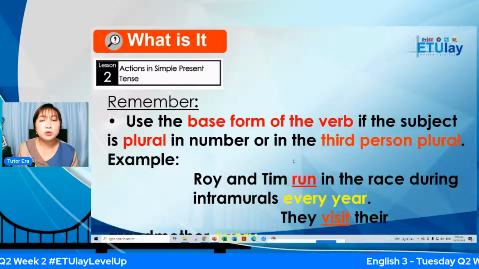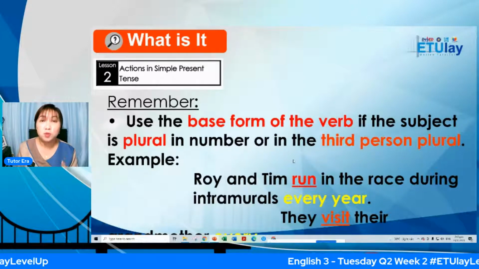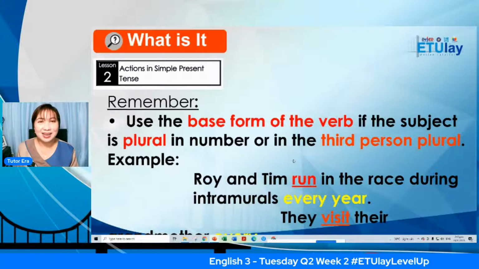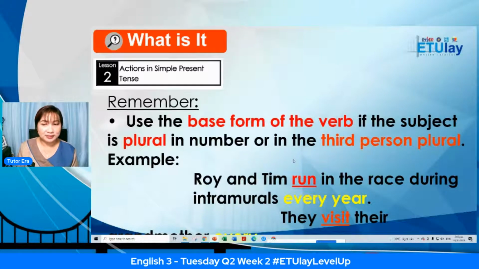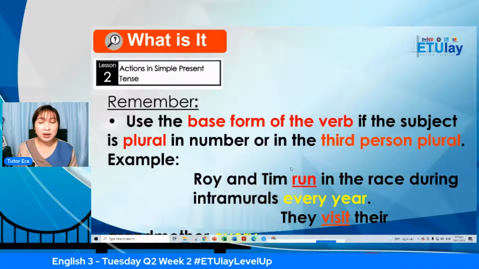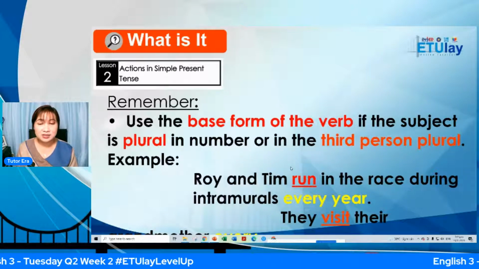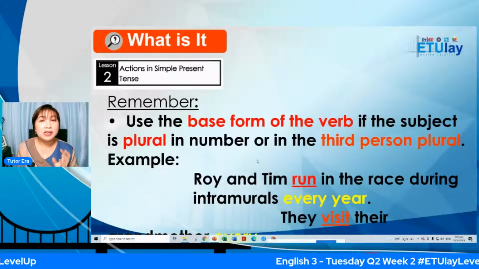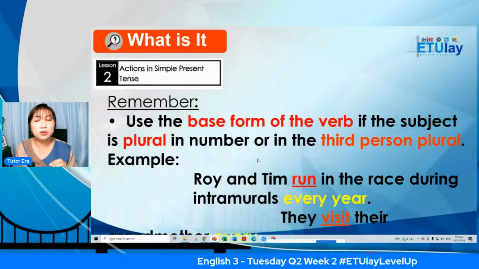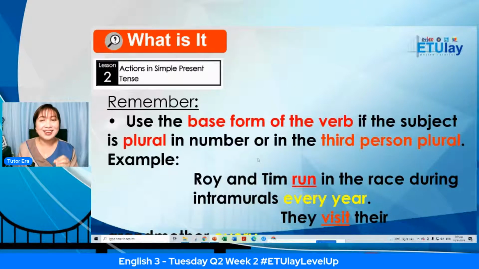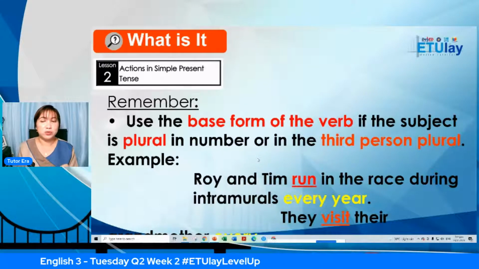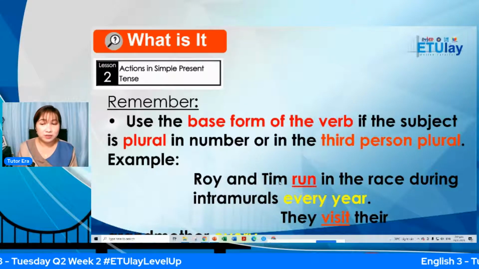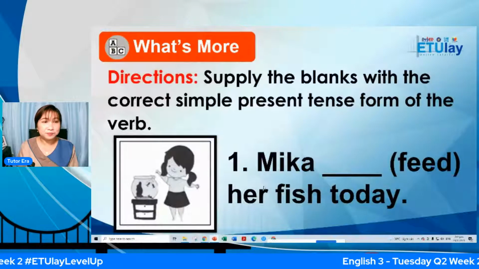So we used the base form of the verb run because our subject is plural. For the next one, they visit their grandmother. The subject is they, therefore the verb to be used is in base form also. They, and then the verb is visit. Now let's go to the next.